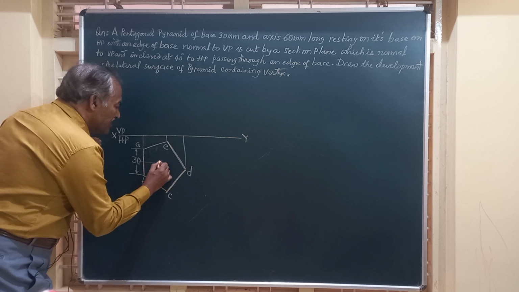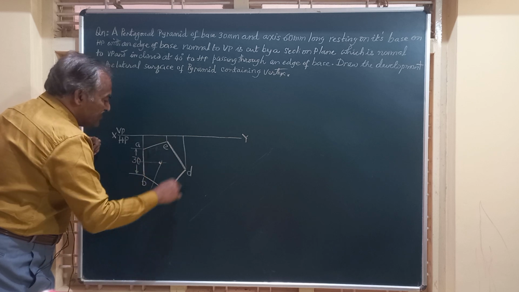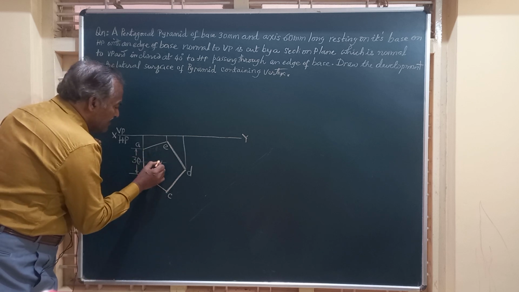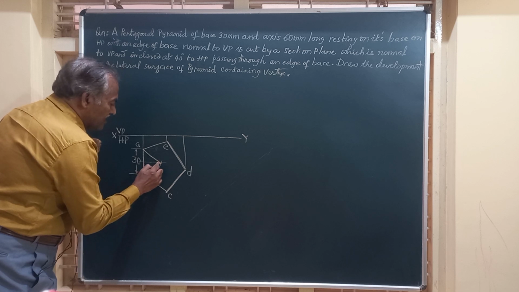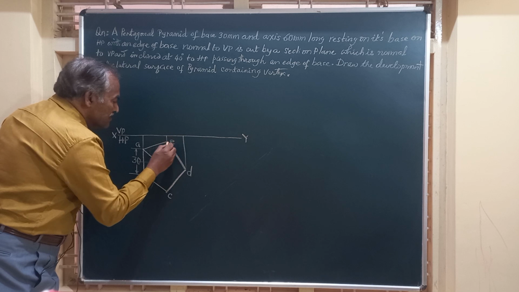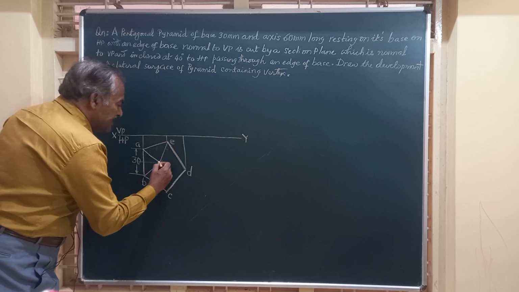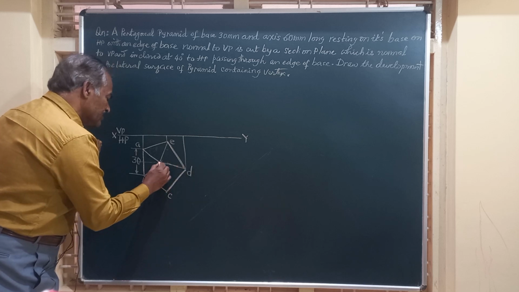Here you get this O, the vertex or center of this pyramid, and we join this center to all the corners: center to A, B, E, then D. Finally, we join C.